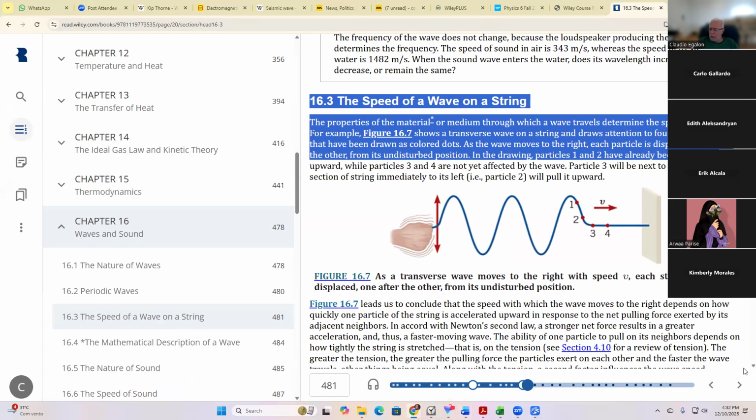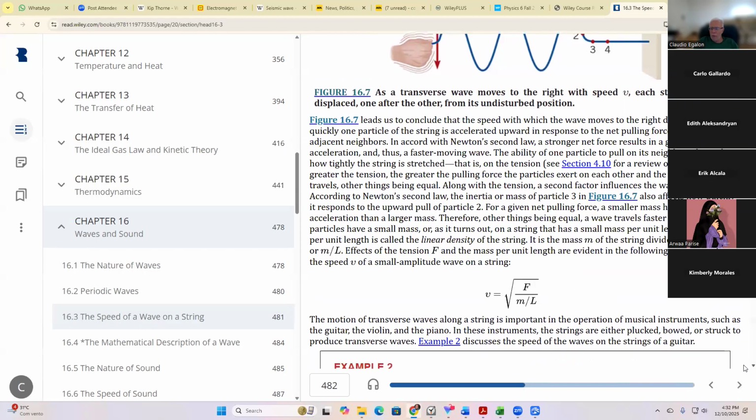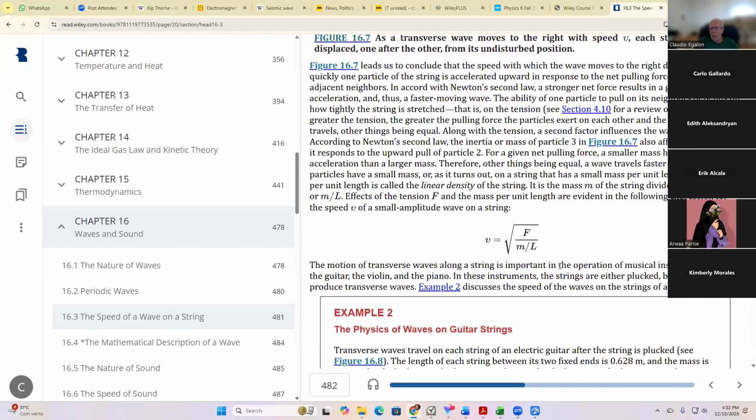If you need to know the relationship, you just look at the formula right in here. That's the formula for the speed of a wave in a string.